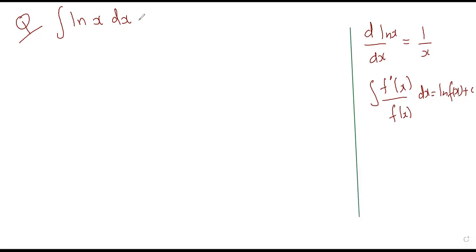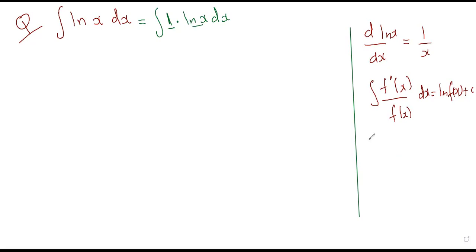Now, think of this ln x as 1 into ln x dx. Now think of it as if you have two functions that are being multiplied to each other, and you need to do it through integration by parts.